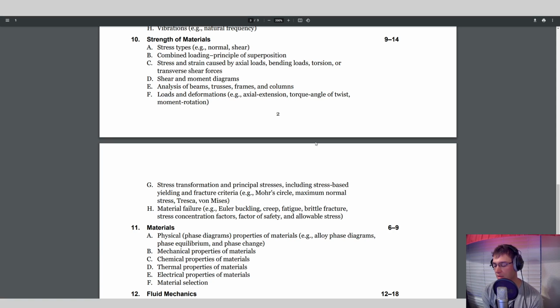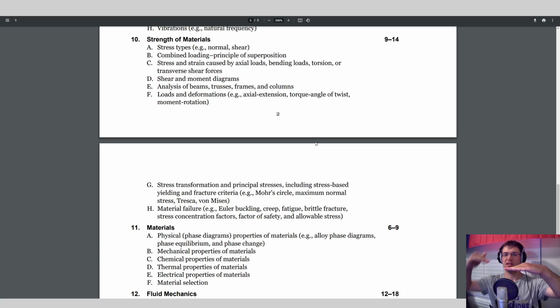Creep is a failure that's the opposite of the brittle fracture. With brittle fracture, you've got your thing, and then you put an impact load on it, and all the newtons go onto the spot at one time, and if it's enough newtons on that one spot, it'll fail.